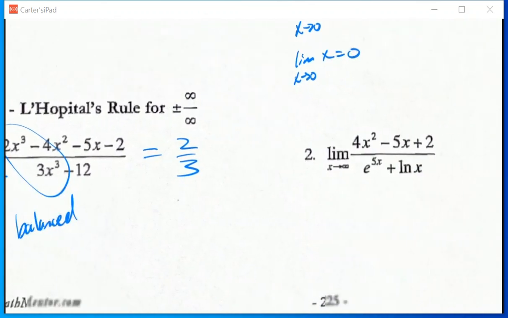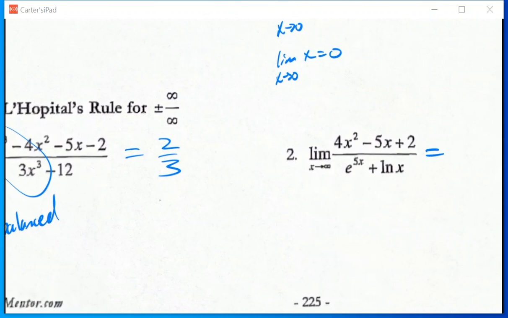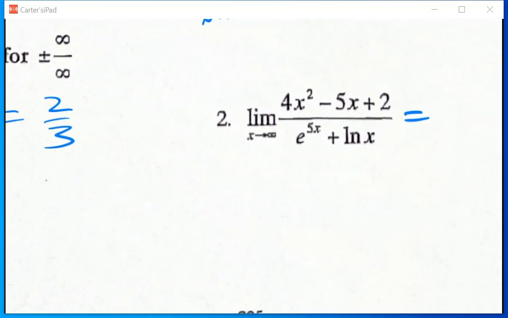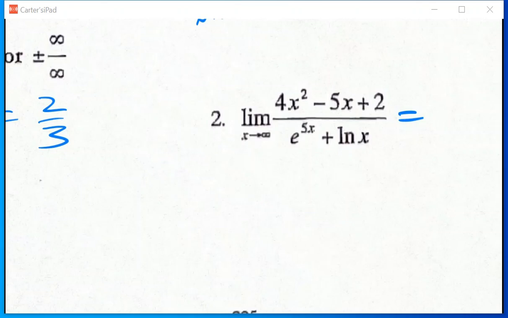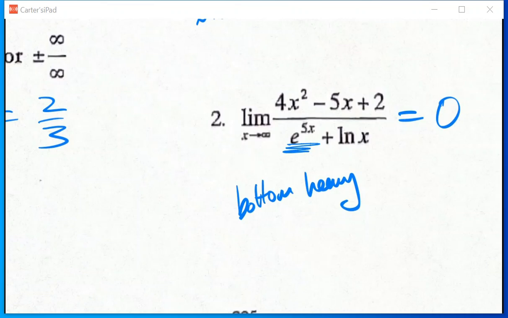Number 2, what does this one equal? This one is 0. It's bottom heavy. How do I know that? Because e to the 5x is the fastest growing function. E to the x is the fastest growing function other than x to the x.